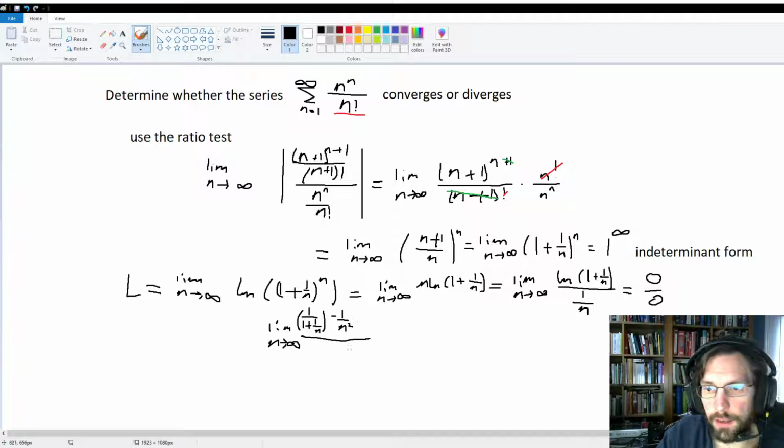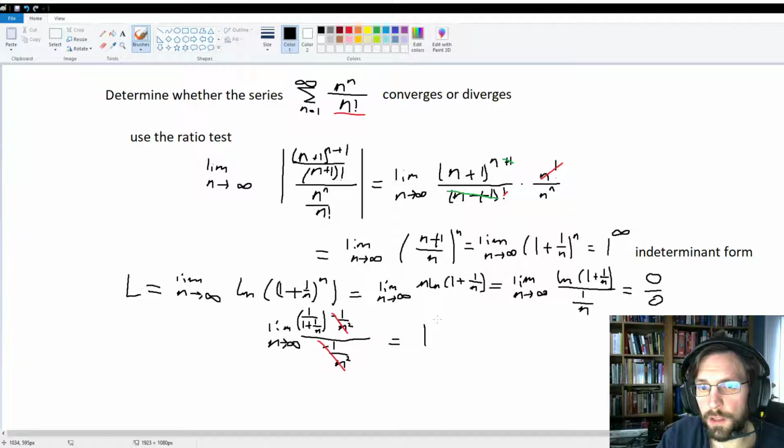Divided by the derivative of the denominator, which is negative 1 over n squared. These cancel. So we're left with just the limit as n goes to infinity of 1 plus 1 over n, which is just 1. So the limit here is 1.